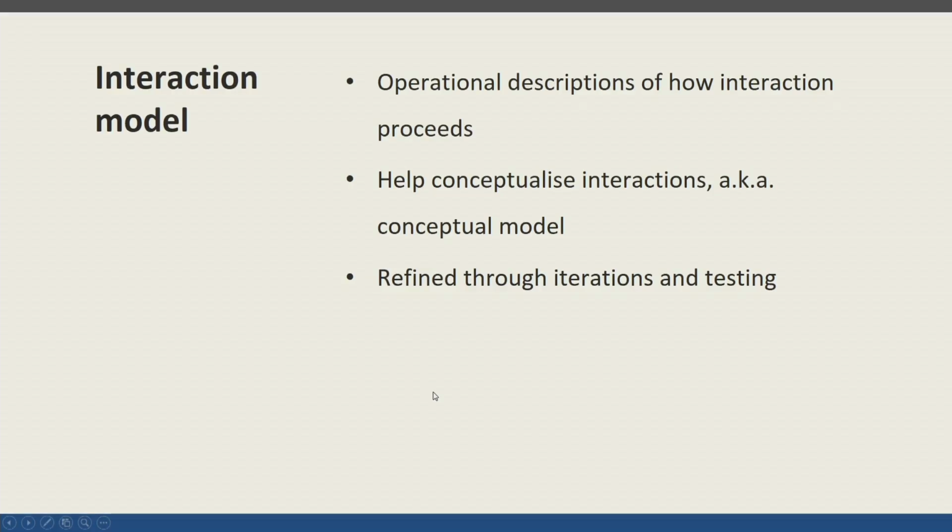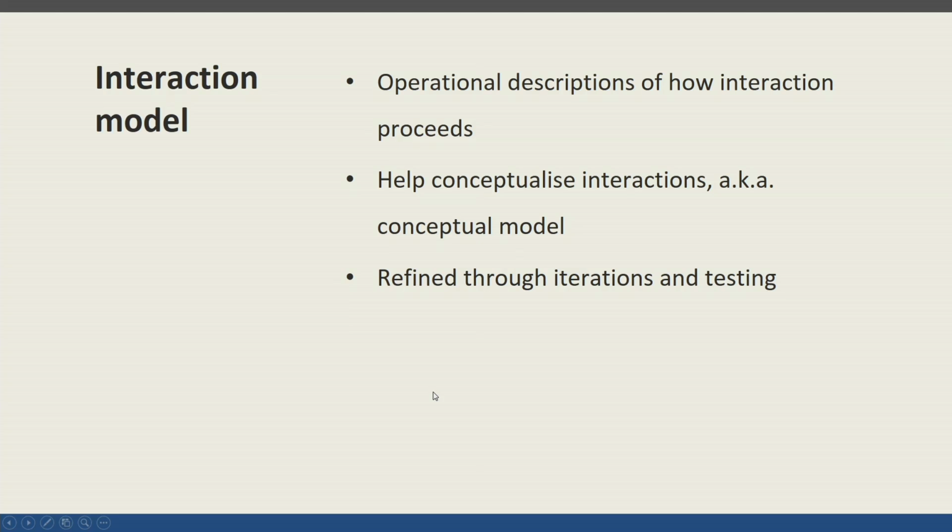Let us first begin by knowing what an interaction model is. If you look at your screen, you will find that an interaction model is an operational description of how interaction proceeds. Since it helps conceptualize interactions, it is also known as conceptual models in many of the books.